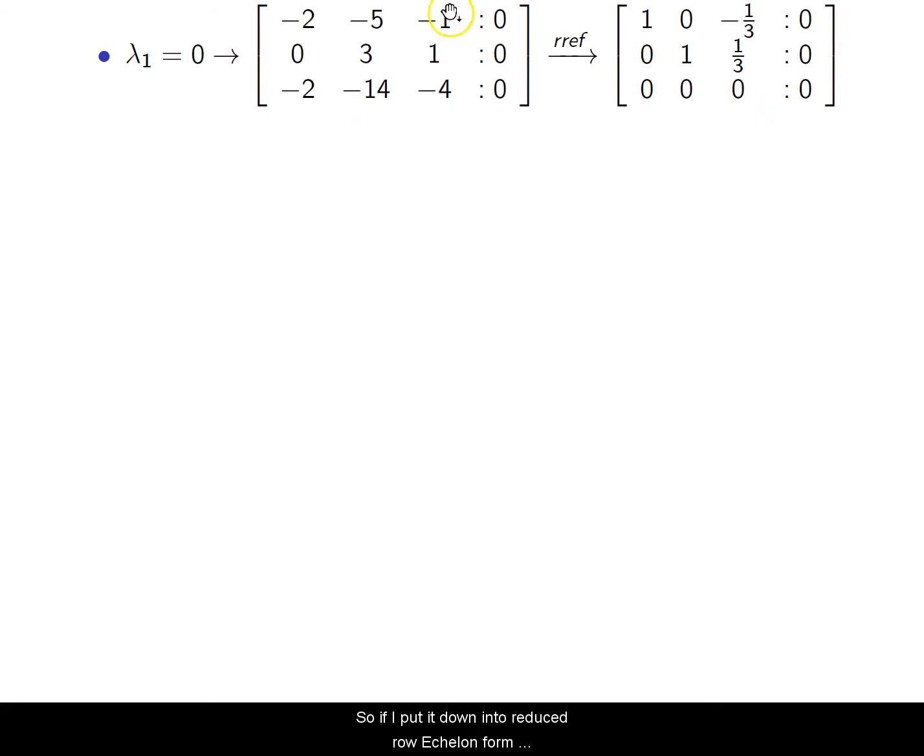Okay. So if I put this down into reduced row echelon form, where I'm setting it equal to 0, I get this as my system out, right? So again, it's always a dependent system, so I'm always going to have a free variable. If I don't have a free variable, I messed up somewhere.